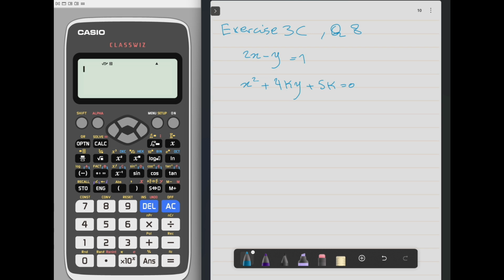Show that x squared plus 8kx plus k is equal to 0.